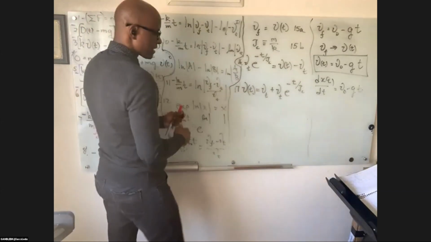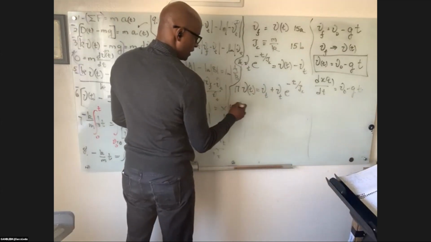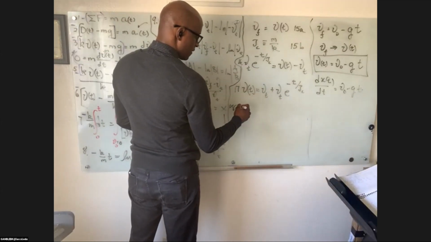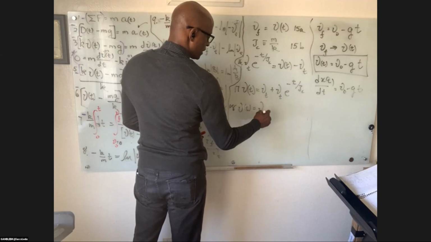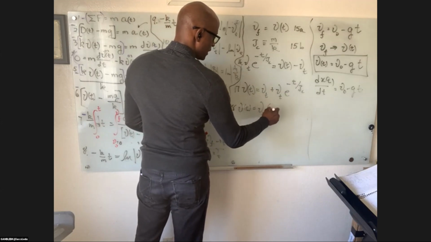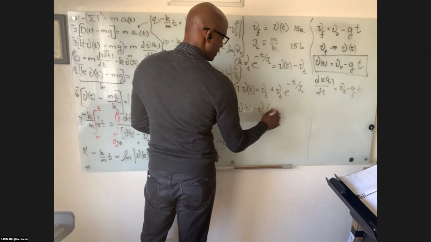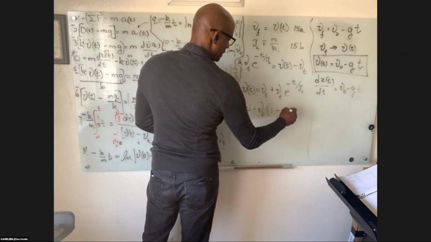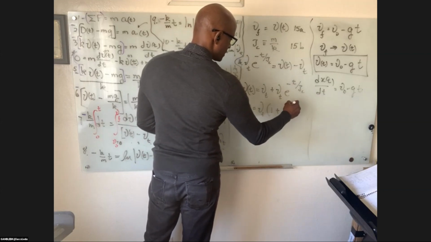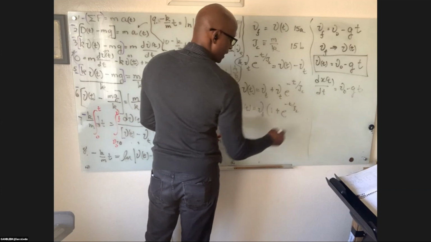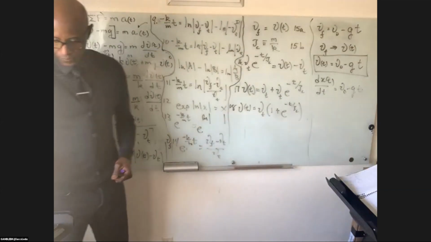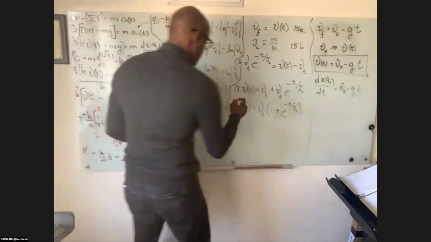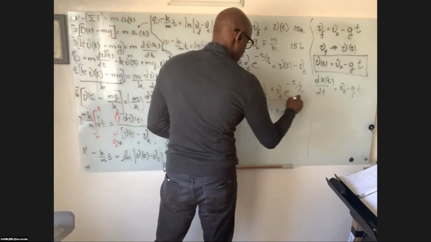But I can clean this up a little bit and get to a better form. Factor out the v sub t. So v of t is equal to v sub t times the quantity 1 minus e to the minus t over tau c. That's usually the form in which you see the result.